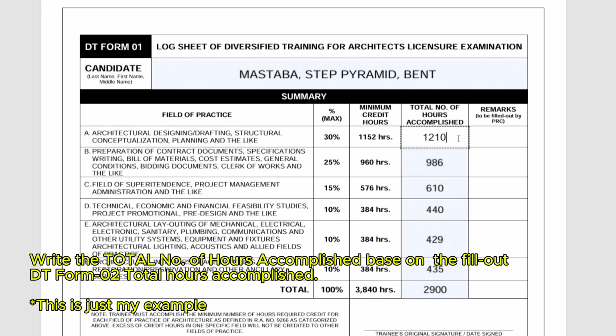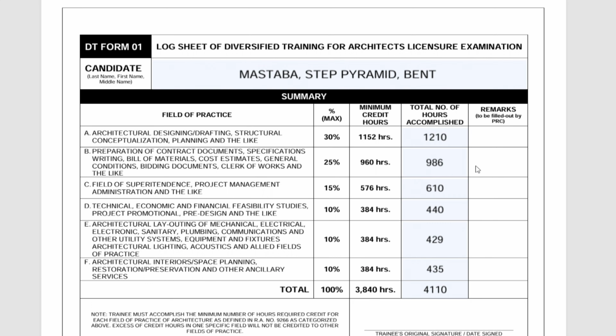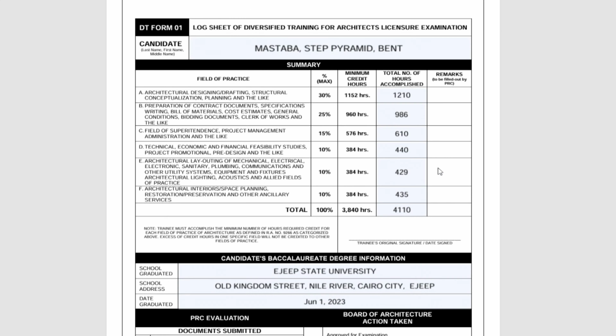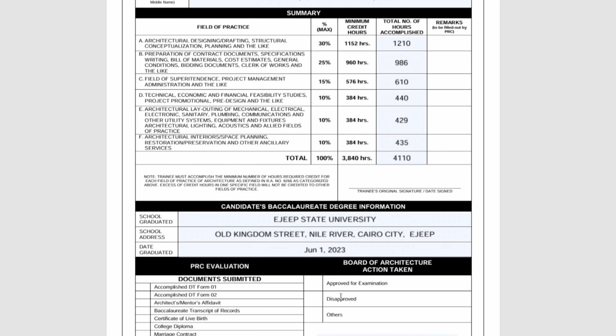See, I have a completed total number of hours which exceeds the minimum credit hours. The minimum credit hours, the magic hours, is 3,840. So the total number of hours that I accomplished is 4,110. That is only my example. So it's okay. Then take note that you need to fill out all the gray fields here.